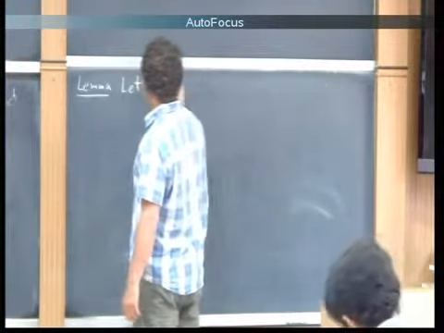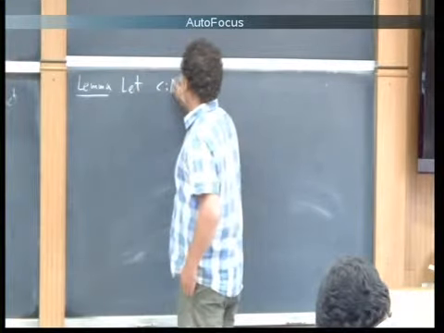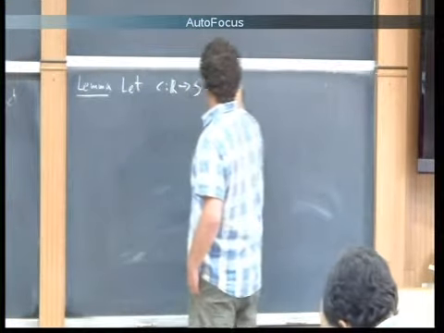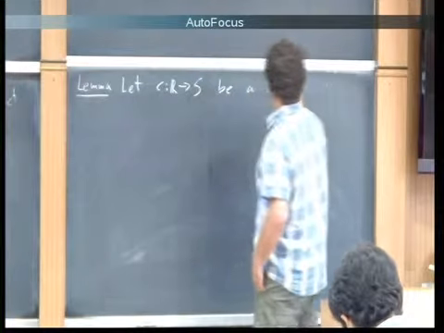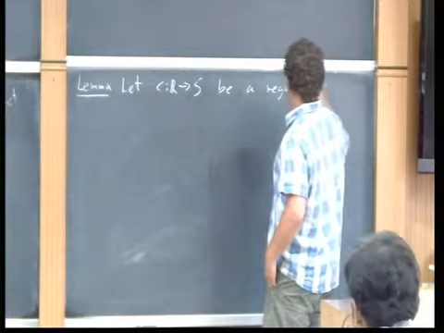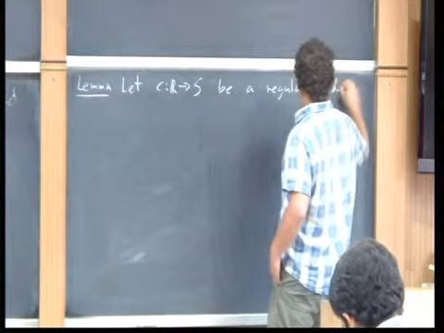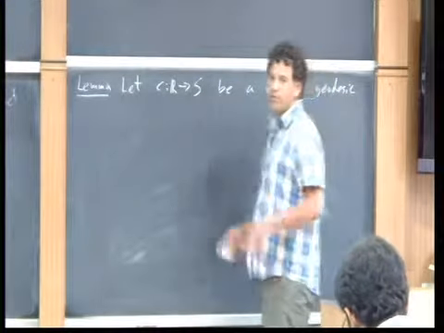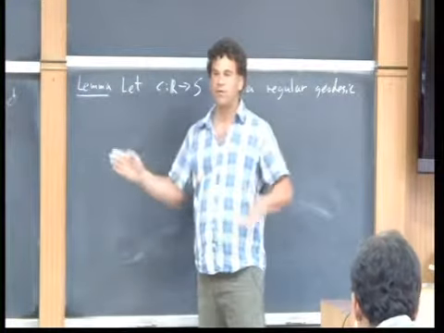Let C be a regular geodesic. So what does it mean? It means that it is contained in a unique flat.